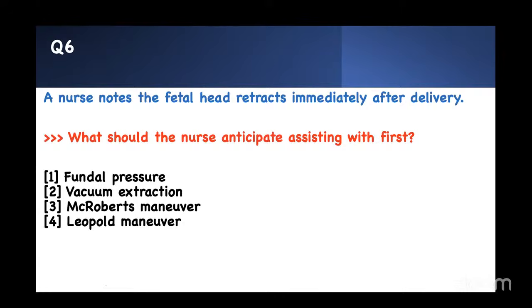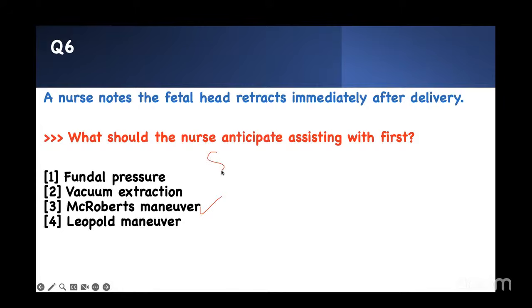Vacuum extraction is going to make it worse. And Leopold is changing the position of the baby, but not in shoulder dystocia. So the right thing you do is McRoberts, where you apply suprapubic pressure, counter pressure, with the mommy's legs flexed towards the abdomen. That is the McRoberts maneuver.